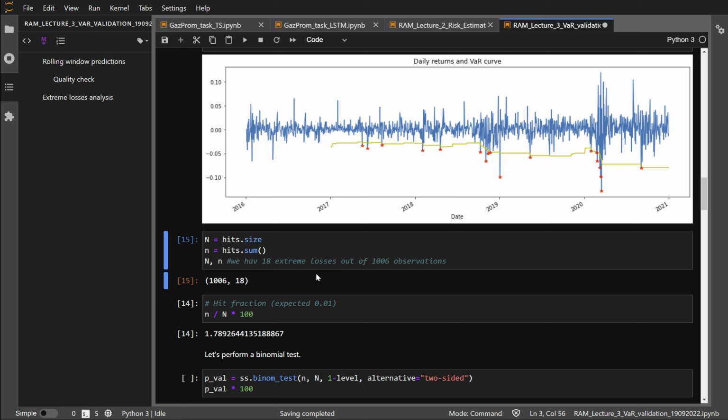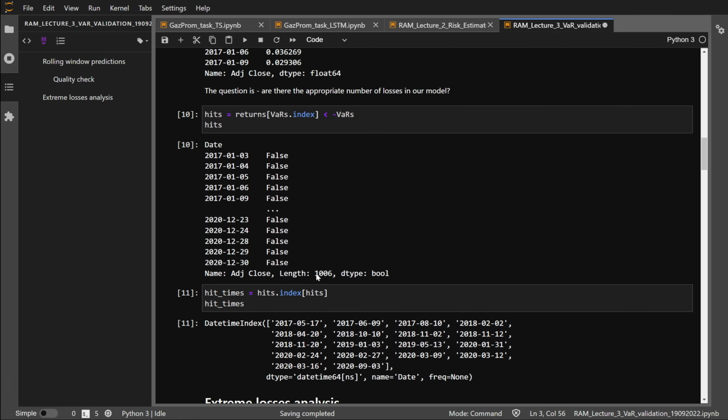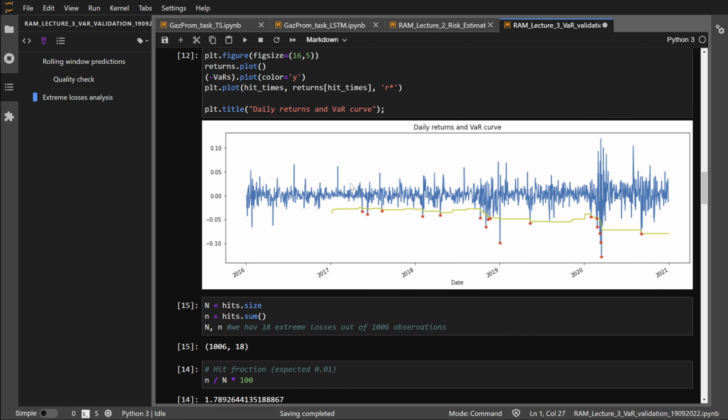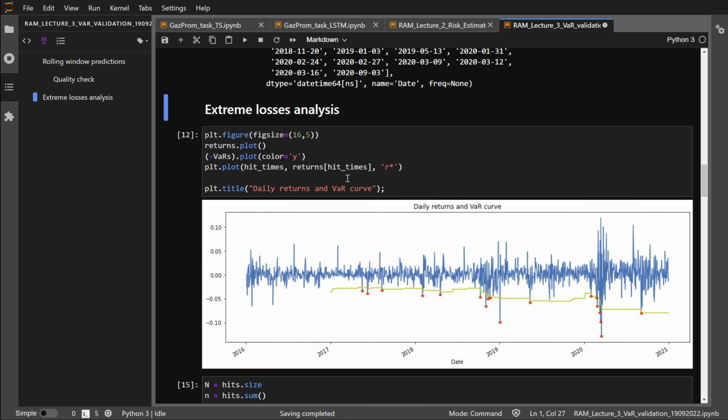Okay, so this is the line. This is the length of the sample where I can observe this line, which is the VAR line, and all these realized losses.